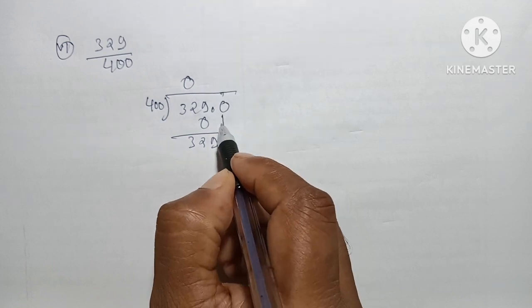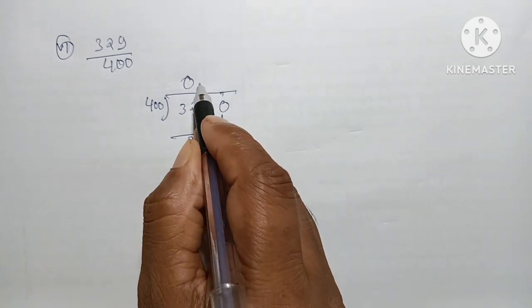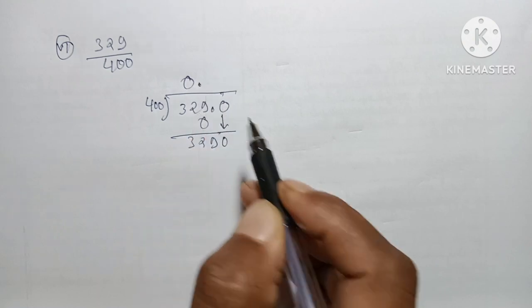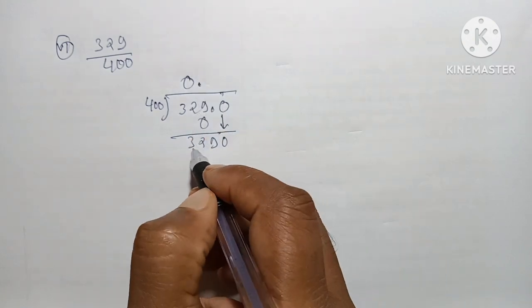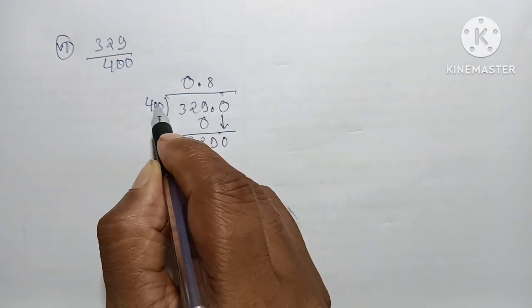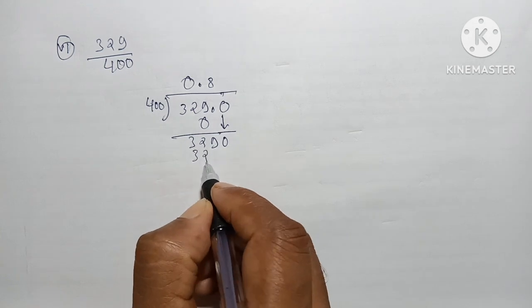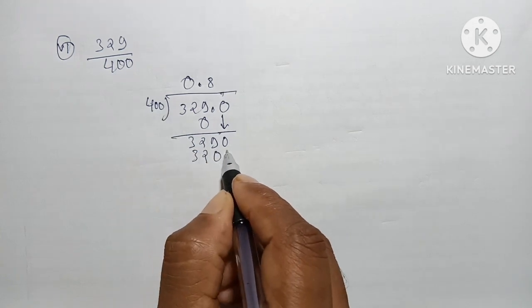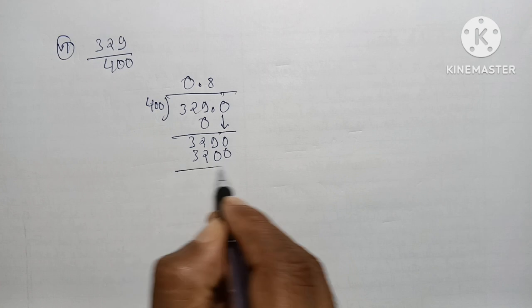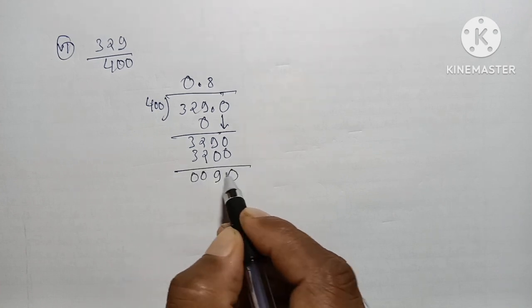Now bring down 0 is here. Immediately the decimal also goes there. Then how many times you give? 400 into 8 you do. 4 8s are 32. Here is 20 you give. Okay. Now minus, 0, 9. Here is the 0.